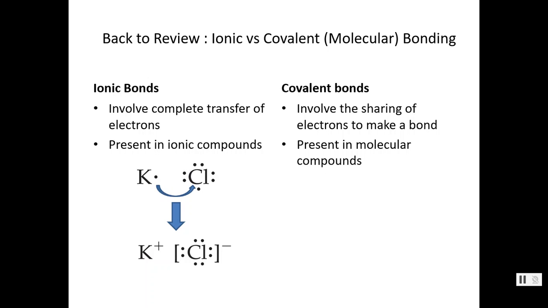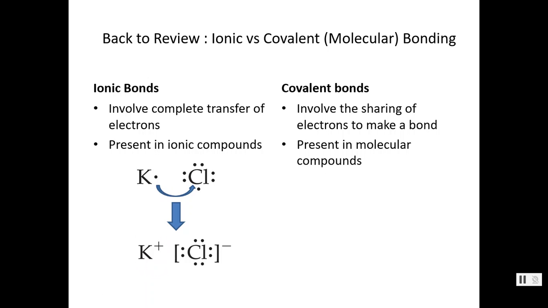For example, with KCl, we were able to predict that a molecule of KCl would be 1 potassium and 1 chlorine, because with that Lewis dot structure of potassium, it would love to completely donate that electron to chlorine, thereby giving chlorine 8 valence electrons, satisfying an octet, along with potassium losing that electron to then have the same number of electrons as argon.